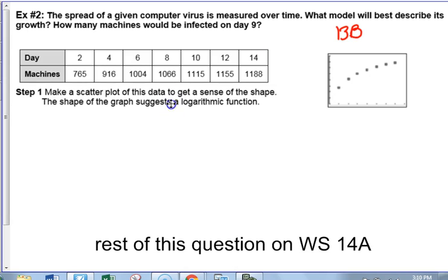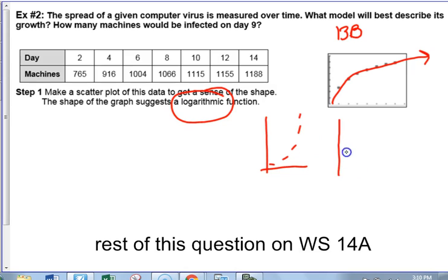All right, back to this question, guys. Did you get this shape when you did a Zoom 9? Okay. Because it is appearing to continue to grow slowly, what are we going to use? Exponential would be if it were growing this way, or exponential decay would be if it were going this way.